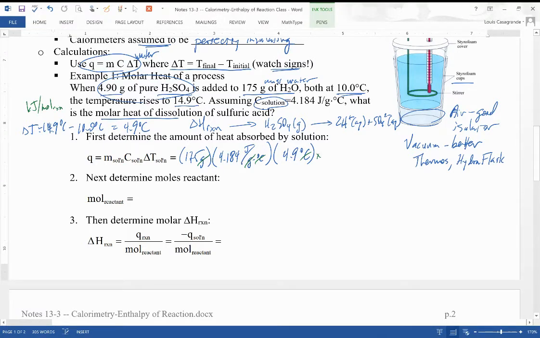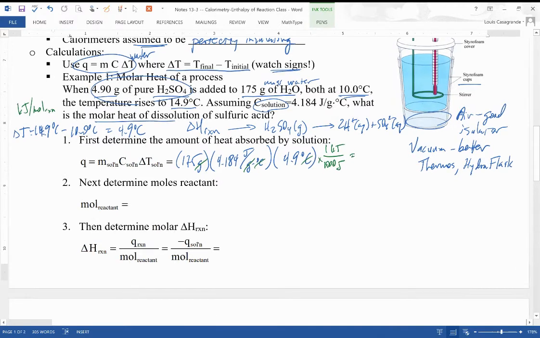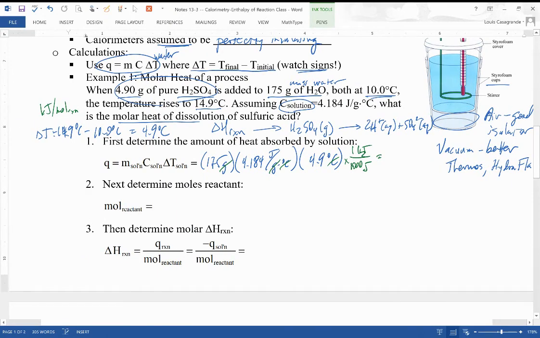So we're going to multiply this by 1 kilojoule over 1,000 joules, and I've got to squeeze it in here. And if you do the calculation, and you probably should, to sig figs we get 3.68 kilojoules. Now that's just the amount of heat that's being absorbed by the water.